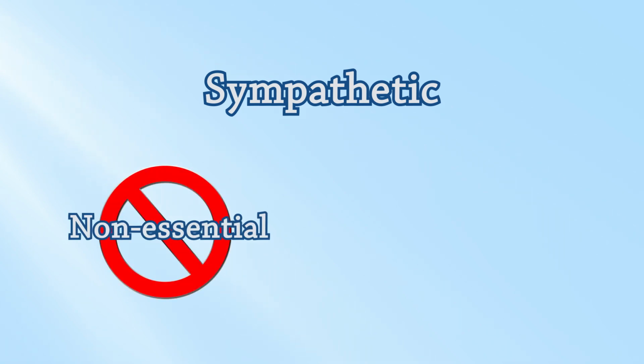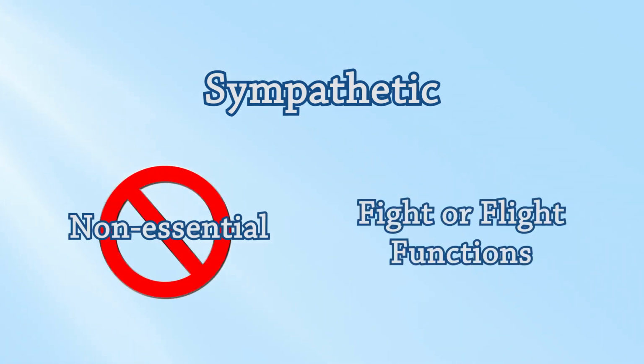Now, when the perception of danger triggers the sympathetic division, it suspends all non-essential activity in the body and increases activity in any system necessary to either fight or flee from an external physical threat. This involves many complex reactions in the body.